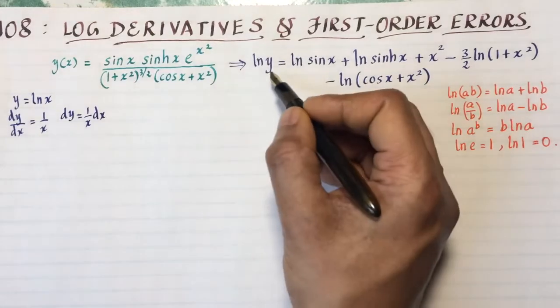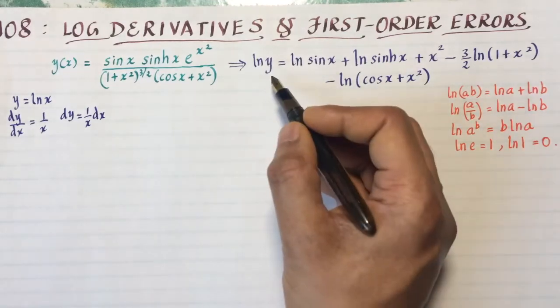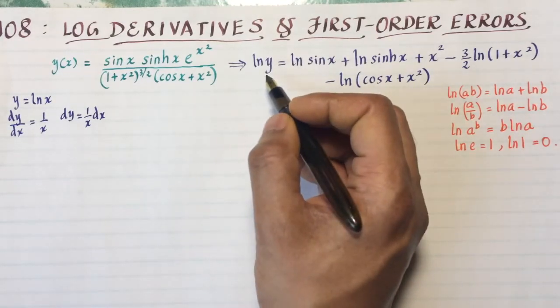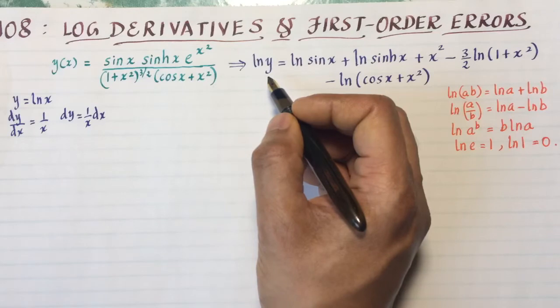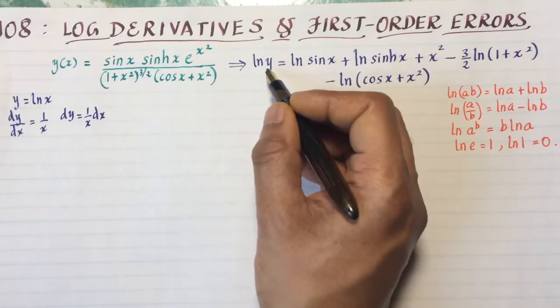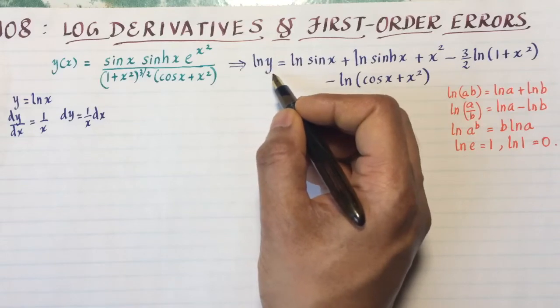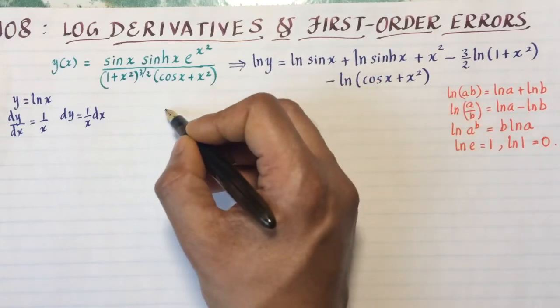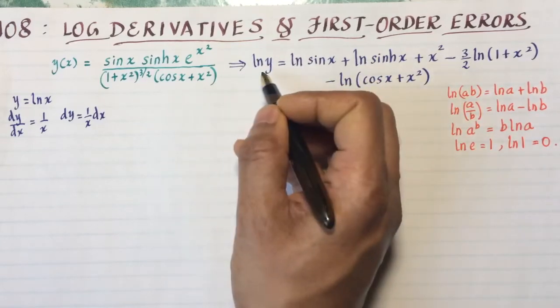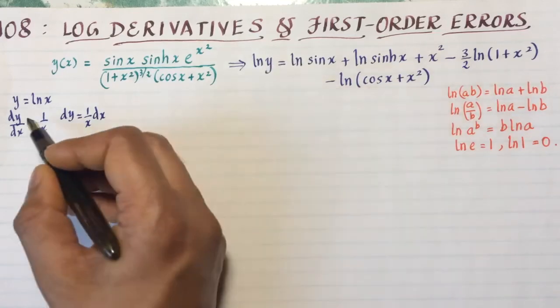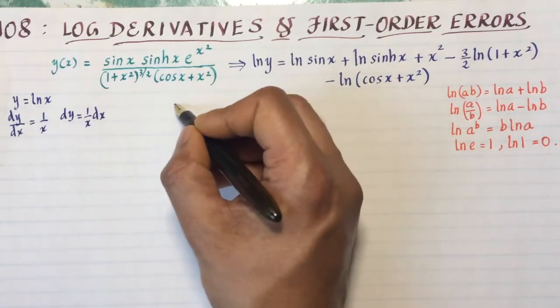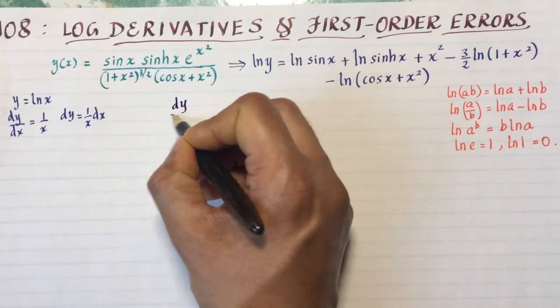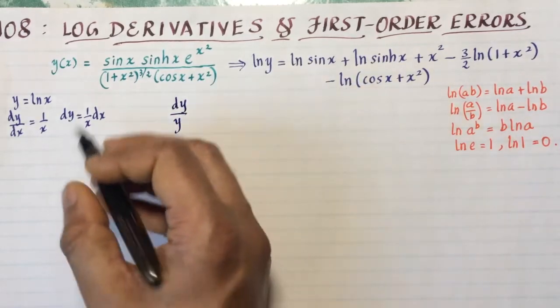So if I differentiate this in that fashion, I'm going to get natural log of y, and if I differentiate both sides, it's going to be dy by dx. So let me just do that. But I'm differentiating natural log of y, not natural log of x. So that's going to be dy by y instead of 1 over x.